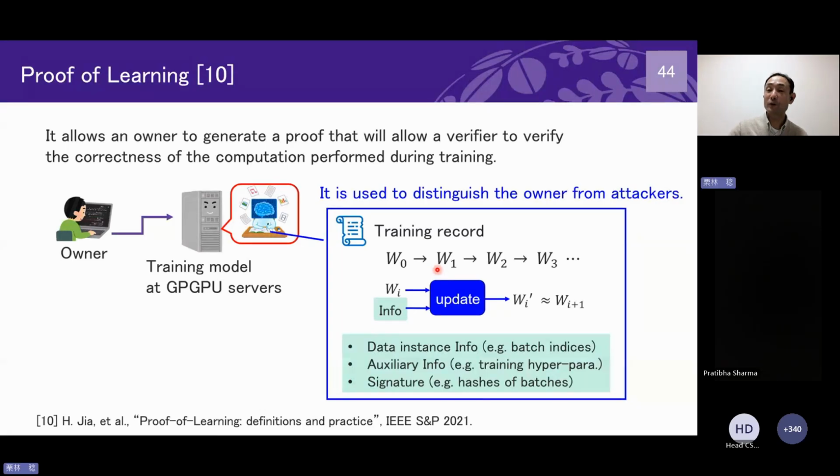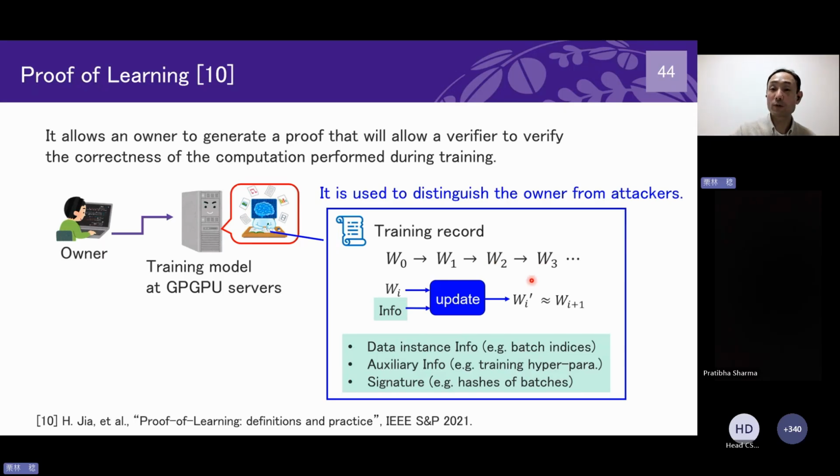But to make it possible to reproduce similar weight parameters, it stores the information for updating the model. So for each epoch, using certain information, it can update to similar model parameters.